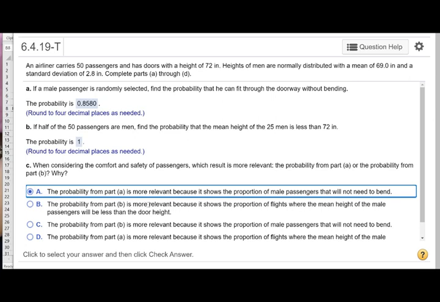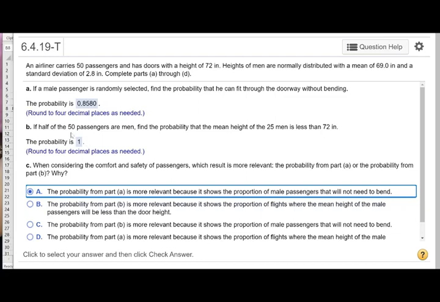The probability from part B is more relevant because it shows the proportion of flights where the mean height of male... no, definitely not. We're not talking about proportion of flights. We're talking about individual people. The probability from part B is more relevant because it shows the proportion of male passengers that will not need to bend. No, option C is out because this is not telling us anything about individuals.